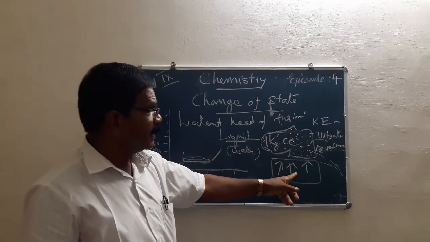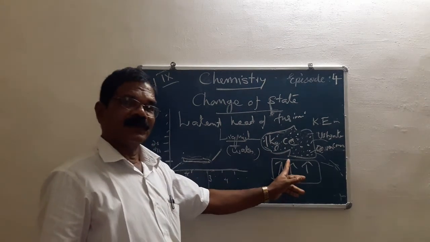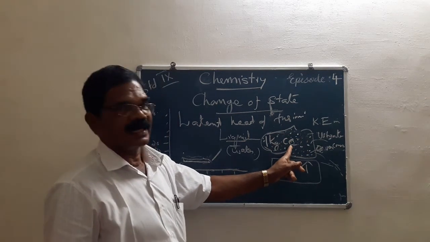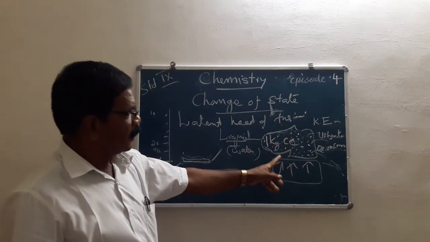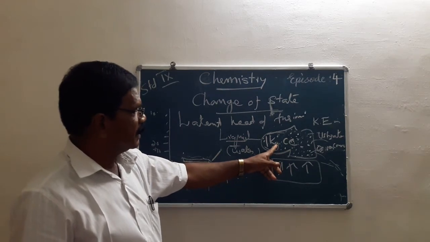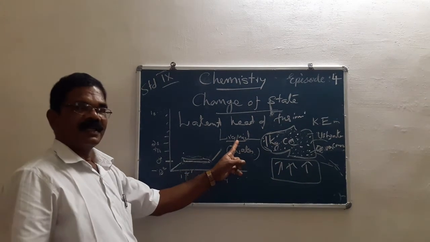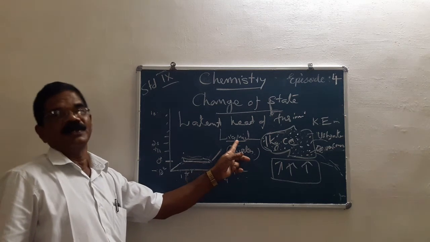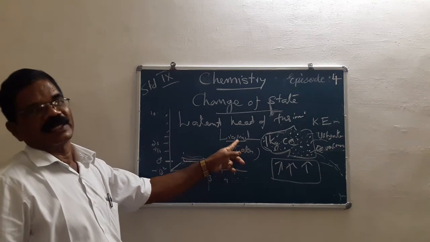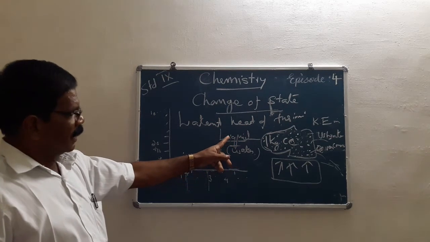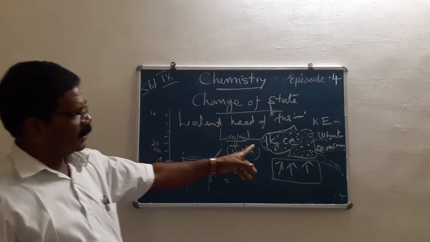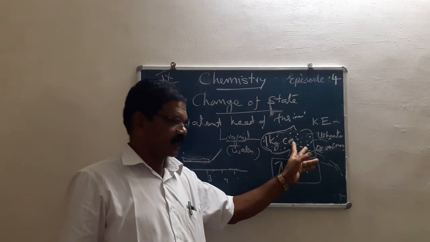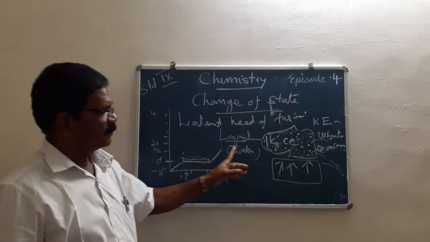The heat required to convert 1 kilogram of a solid substance, generally, we can't define it only for ice, 1 kilogram of solid substance into liquid at atmospheric pressure is known as latent heat of fusion. These are the changes that occur while we are heating, changing the solid state to the liquid state.